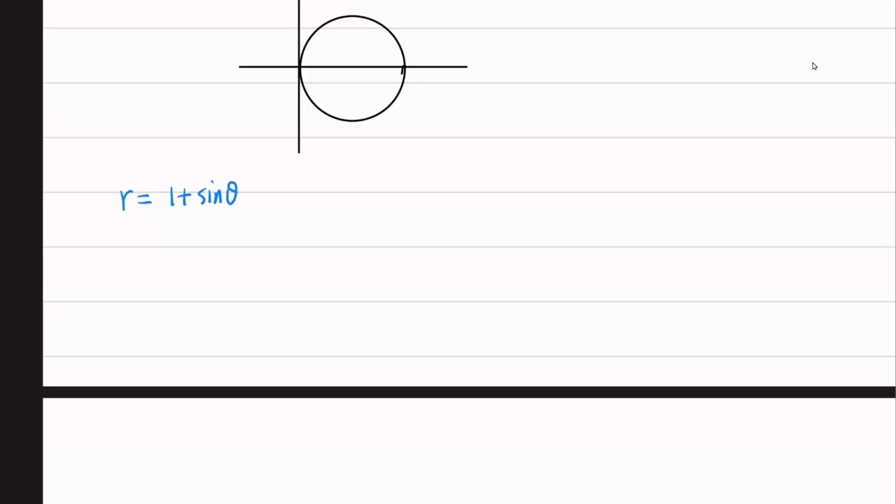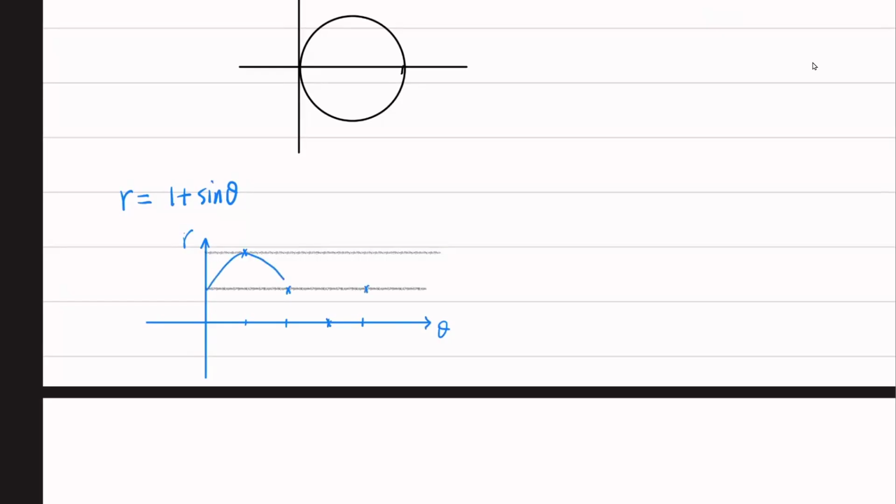What we do is graph this function first, in theta and r. Then we graph the polar curve.